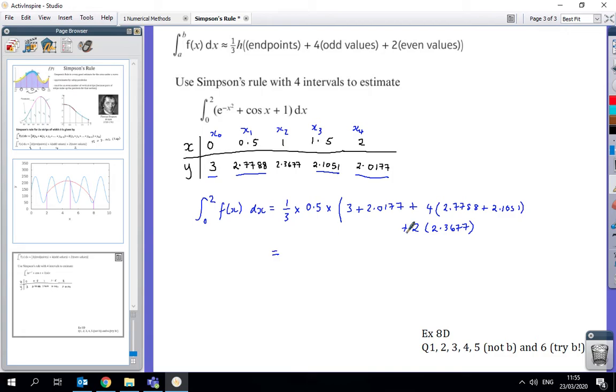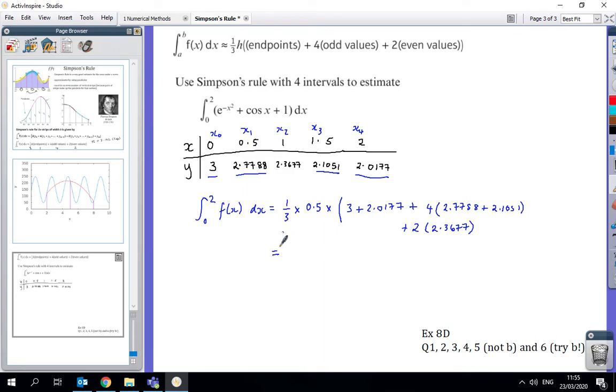So let's just quickly go back to my calculator. So that's a third times 0.5 multiplied by, let's just type this all in. So it's 3 plus 2.0177 plus 4 multiplied by 2.7788 plus 2.1051 plus 2 times 2.3677.